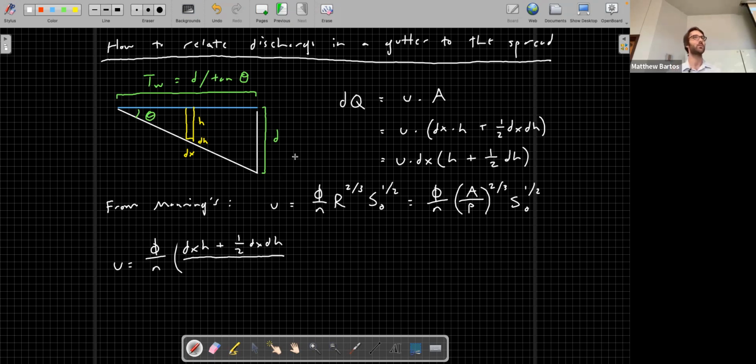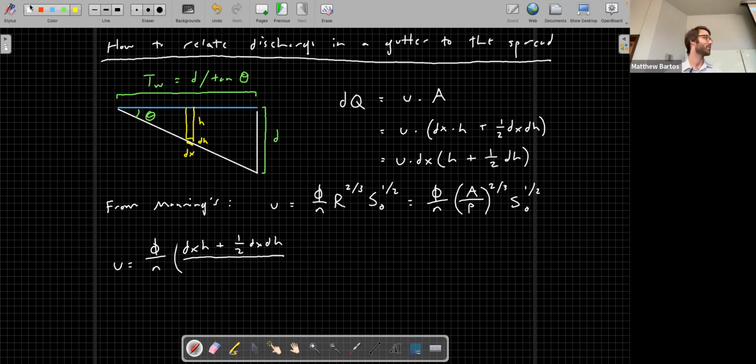Just from geometry here. First of all, what is the wetted perimeter on this diagram for this infinitesimal element? On this diagram, it'll be this right here, which is just the hypotenuse of this triangle.